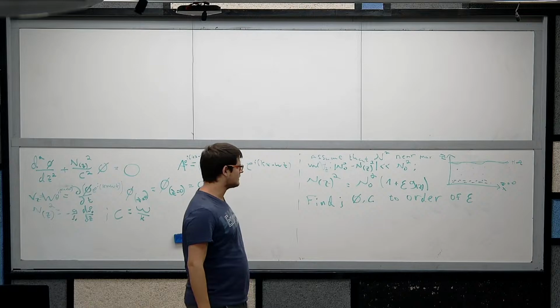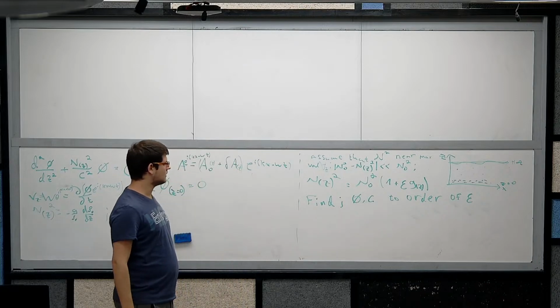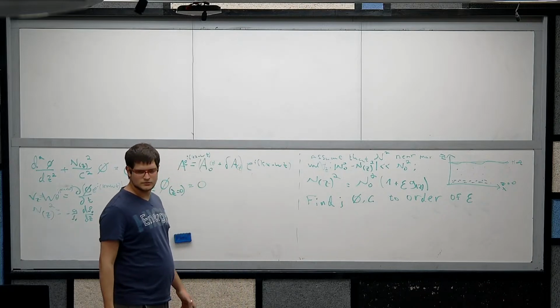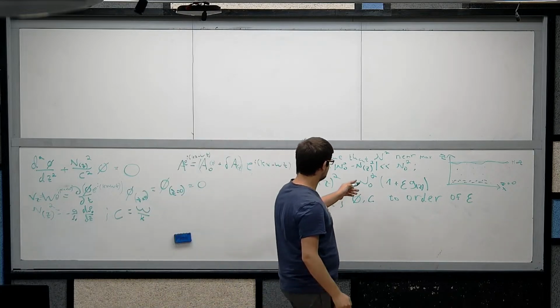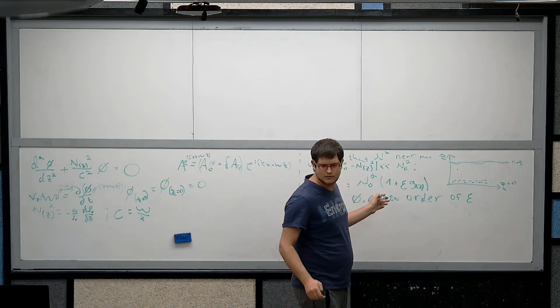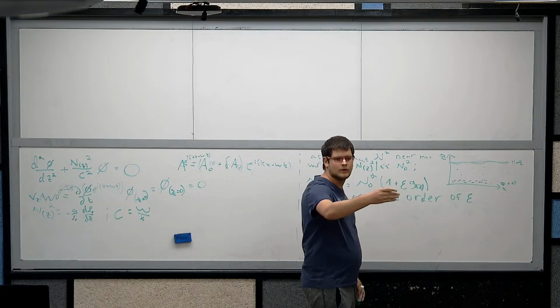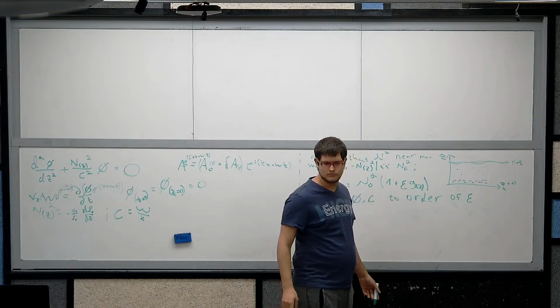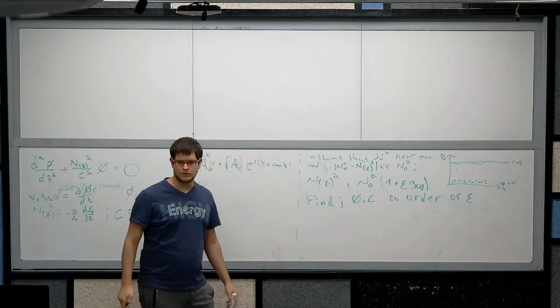C is also practically constant, because it's how waves propagate in the medium, in this case in the water.